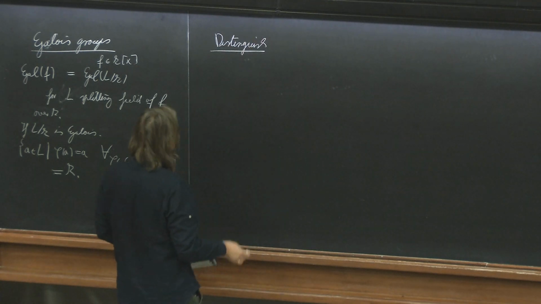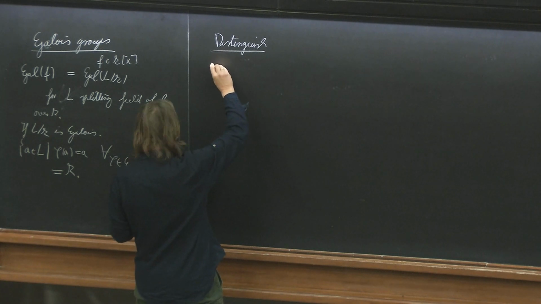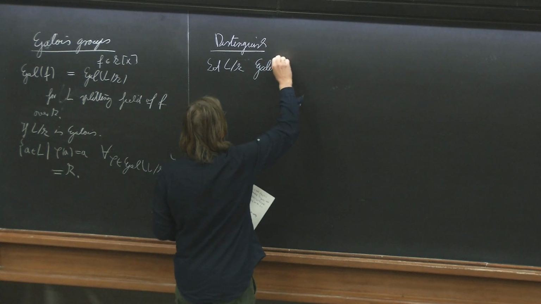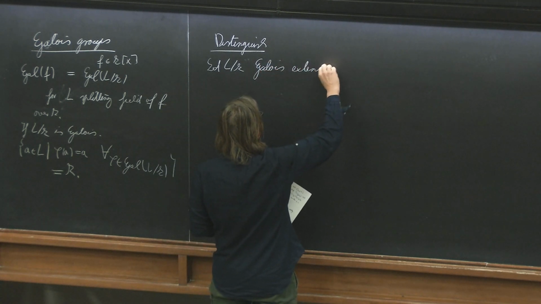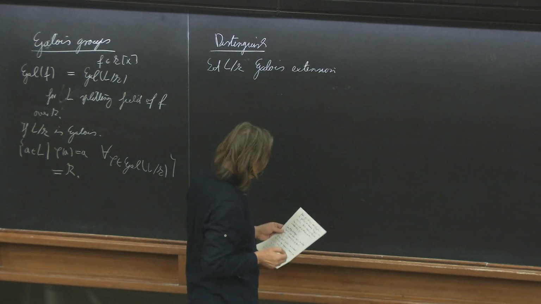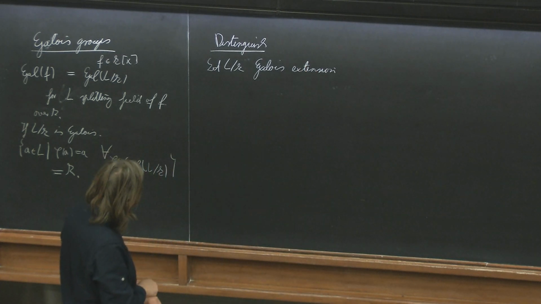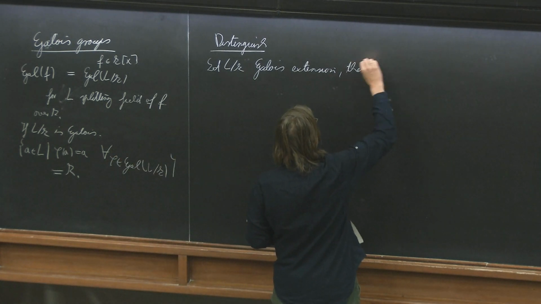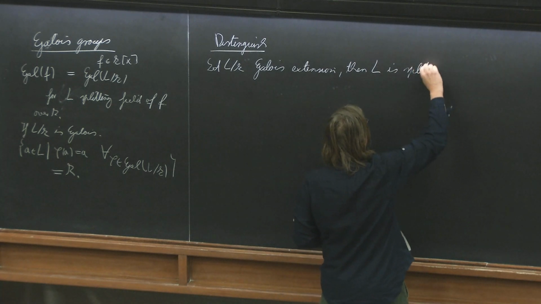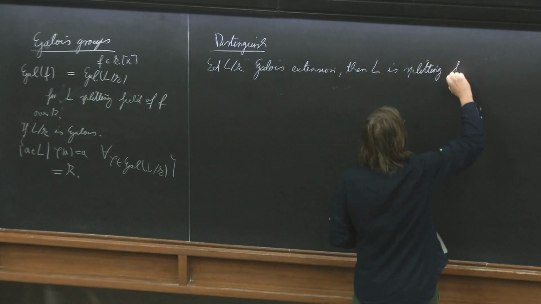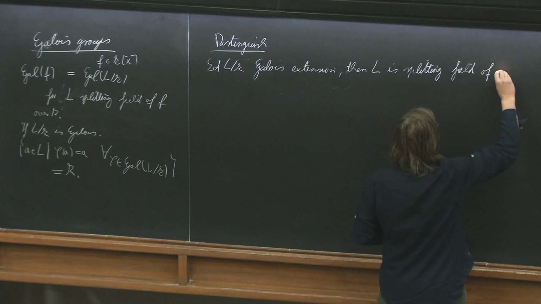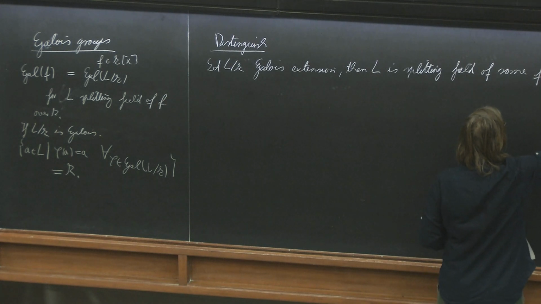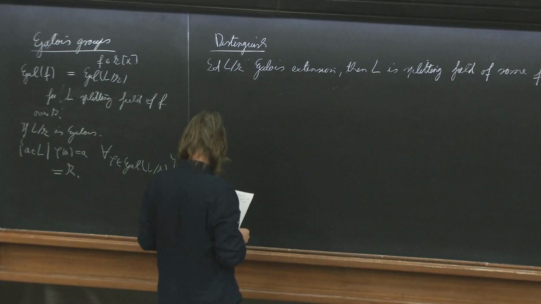So if L over K is a Galois extension, then we know that L is a splitting field of a polynomial f with coefficients in K, since normal extensions are splitting fields.